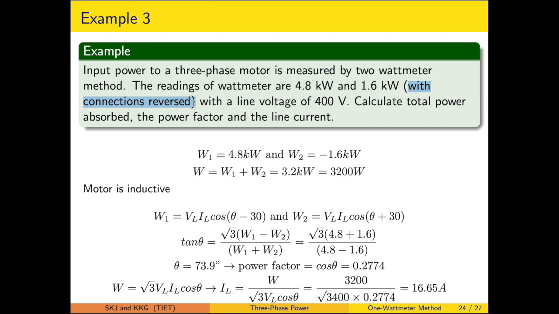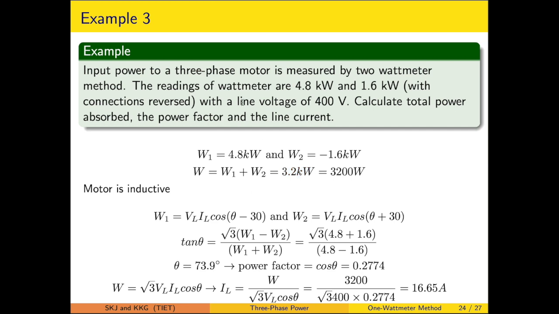But when the pressure coil connections are reversed, we will be taking that particular reading as negative. So let's say the W1 is positive, W2 is negative 1.6 kilowatt. So the total power, which is the sum of W1 plus W2, is coming out to be 3.2 kilowatt.